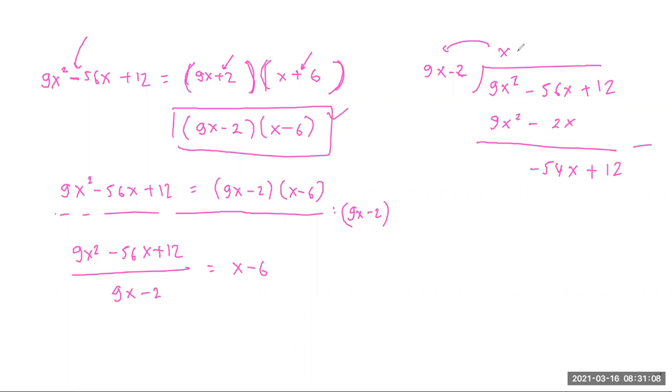I need to multiply by negative 6. I will just use another color. Negative 6 multiplied by this is negative 54x. Negative 6 multiplied by this is plus 12. And we have no remainder. So this is the result, which is true.